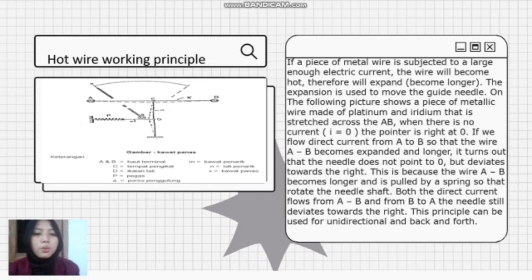This is because A and B become long and are pulled by a spring so that the needle's shaft rotates. If the current flows from A to B and from B to A, the needle still deviates towards the right. This principle can be used for unidirectional and back and forth current.